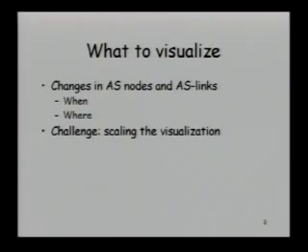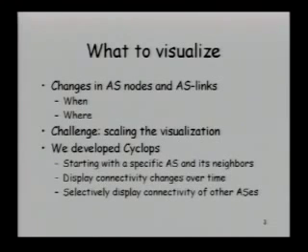It has thousands of nodes and thousands of links. So we need to find a way of visually capturing these changes so that a human can read it. The first approach we took is to start with a single node and show the connectivity of this node to the neighbors, and we display the connectivity changes over time.